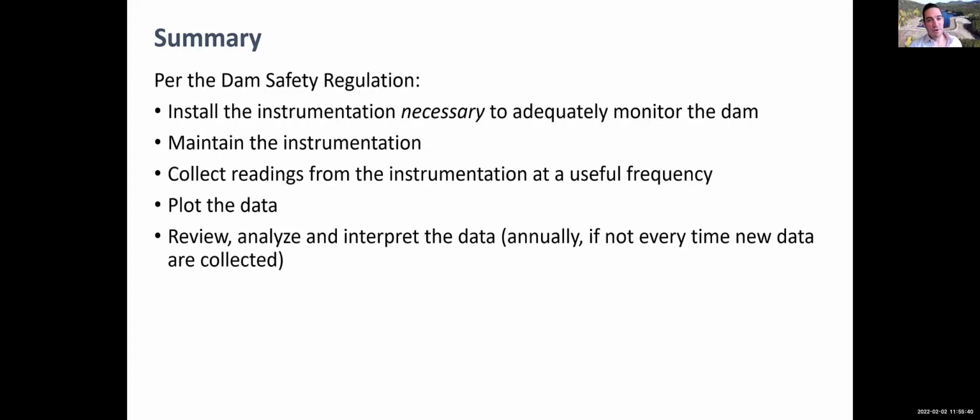Okay, so summary. Per the regulation, I'm going to summarize back to that. Install the instrumentation necessary to adequately monitor the dam, okay? Maintain that instrumentation, collect readings from the instrumentation at a useful frequency, plot the data, and then review, analyze, and interpret that data.